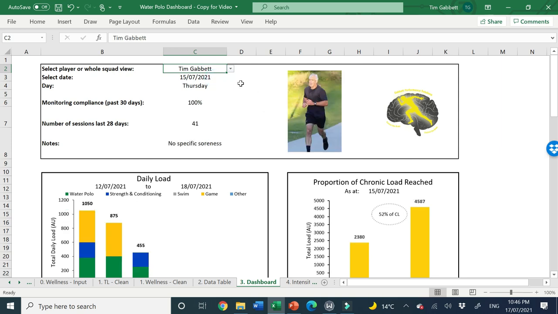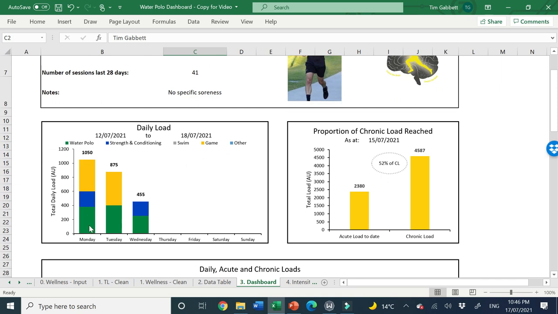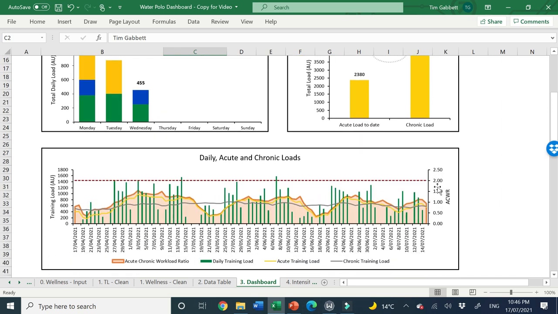This is my own data, and you can see that we can look at my compliance with athlete monitoring. I can look at the total number of sessions I've done in the last 28 days. I can look at my day-by-day load and what that load is comprised of, the acute load relative to chronic load, and how that tracks over time.